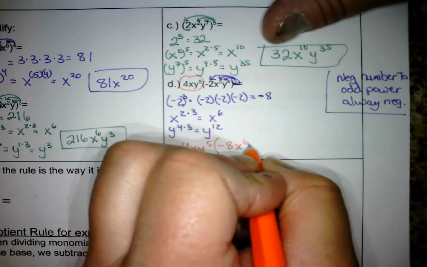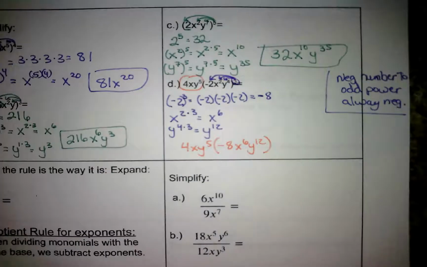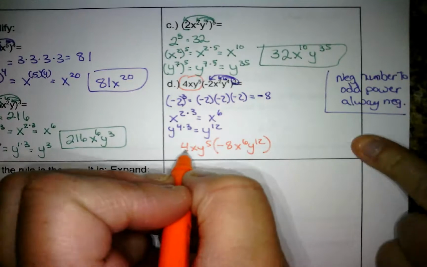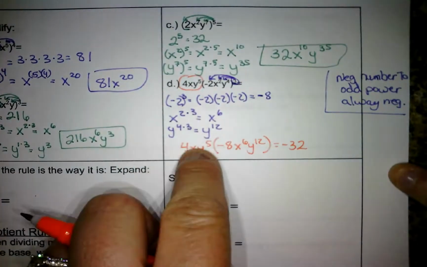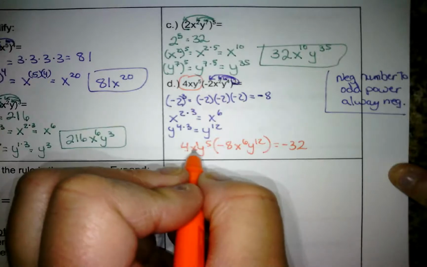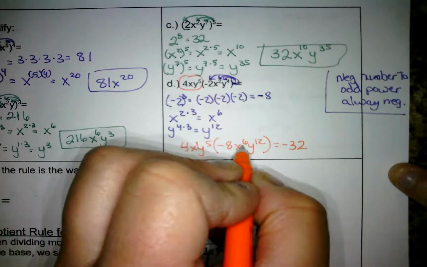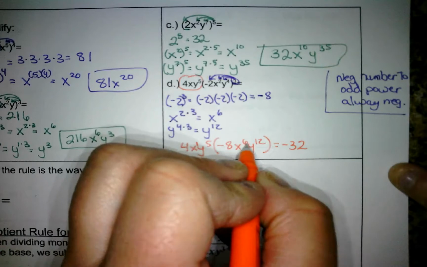So now I'm using the product rule, so now I'm going to add exponents. 4 times negative 8 is negative 32. X to the 1st power times x to the 6th power, 1 plus 6 is 7.